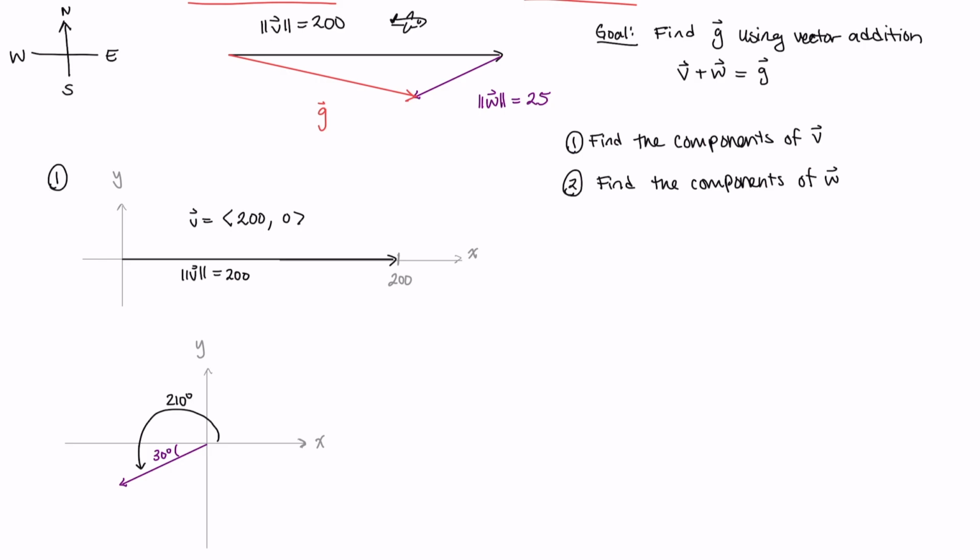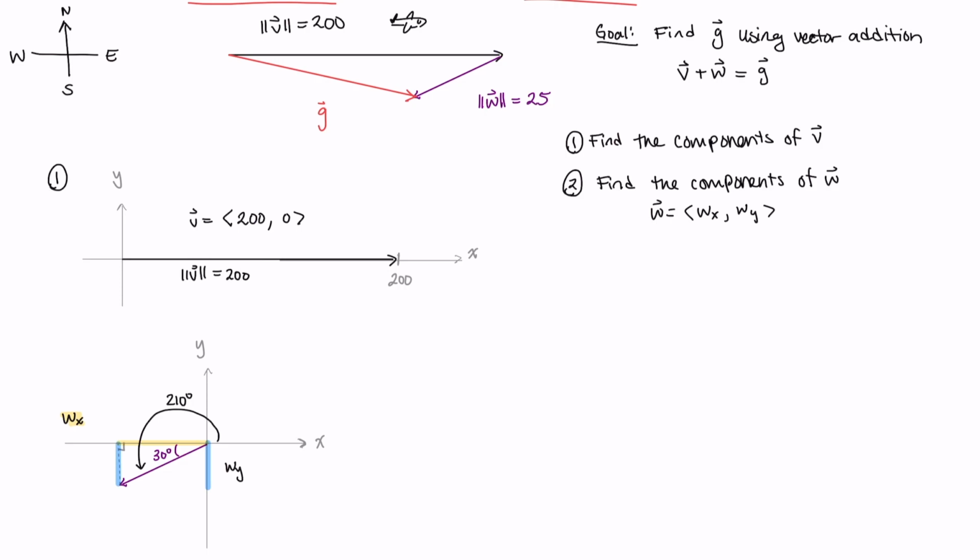Now let's figure out what the components of w are. Remember, each vector has an x component and a y component. I can find the x component by starting at the vector tip and drawing a line that intersects the x-axis at a right angle. This is a triangle, and I'm going to use it for both components. What I'm highlighting in yellow is the x component of my vector, and what I'm highlighting in blue is the y component.